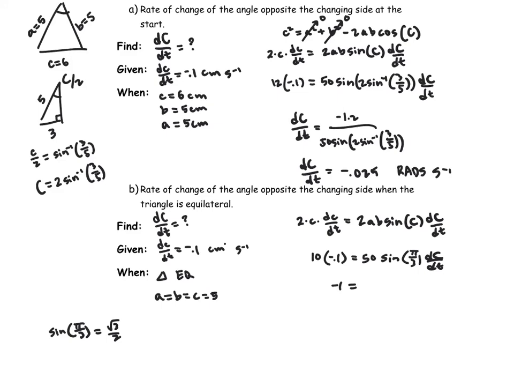So 50 times that is 25 root 3. So dC/dt is equal to negative 1 over 25 root 3, which is equivalent to negative 0.0231 to 3 sig figs radians per second.